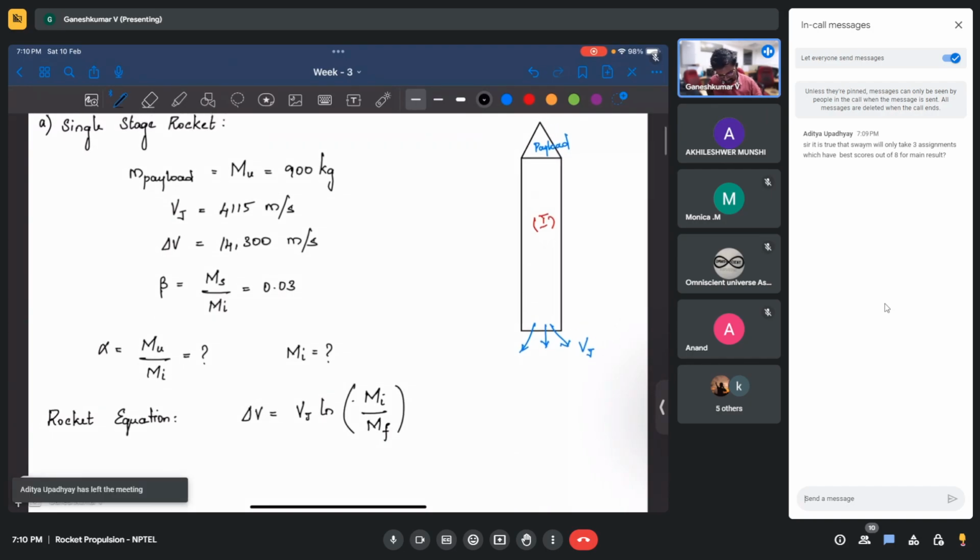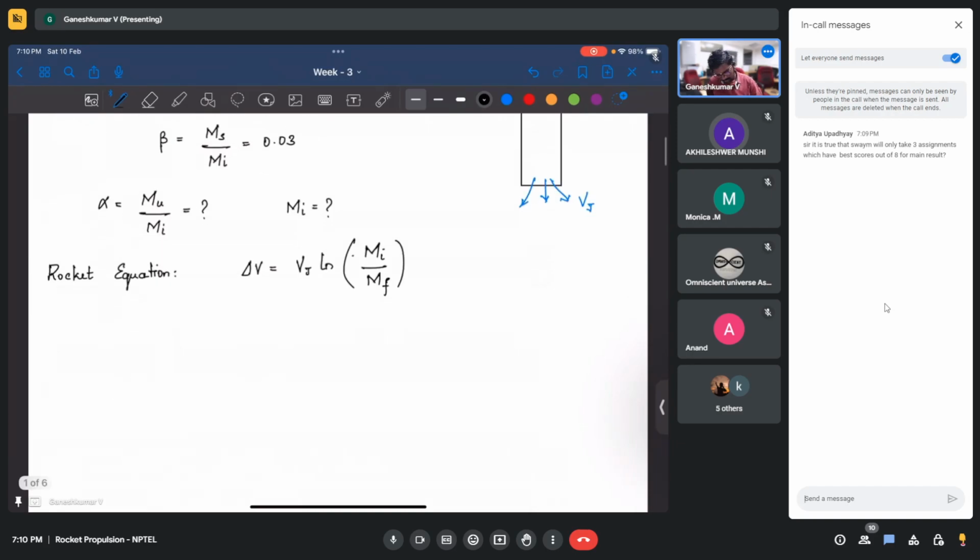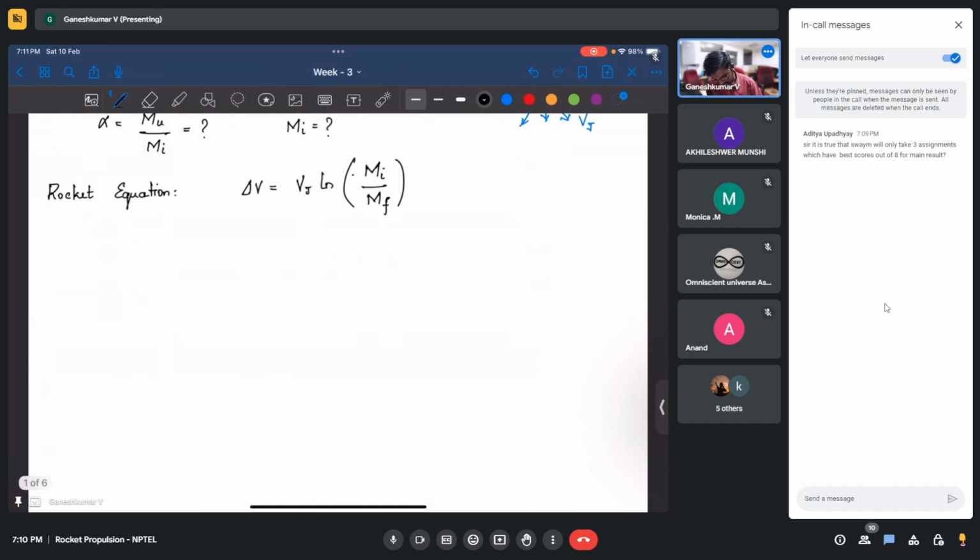So we will just find Mi by Mf, and we can get alpha and beta after that, or we can directly try to get alpha from here also. For a change, we'll just change this equation a little bit. The final mass we know is going to be the structural mass Ms plus the useful mass Mu. If you substitute it here, professor must have derived it, but for the sake of completeness I'm just writing it here.